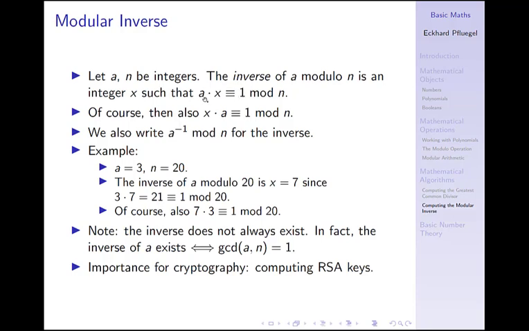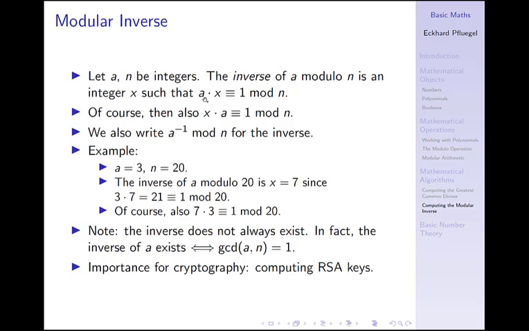So they are kind of each other's inverses, because for rational numbers, let's say the number 2, well, the inverse of the number 2 over the rational numbers would be 1/2, wouldn't it? So 2 times 1/2 equals 1.